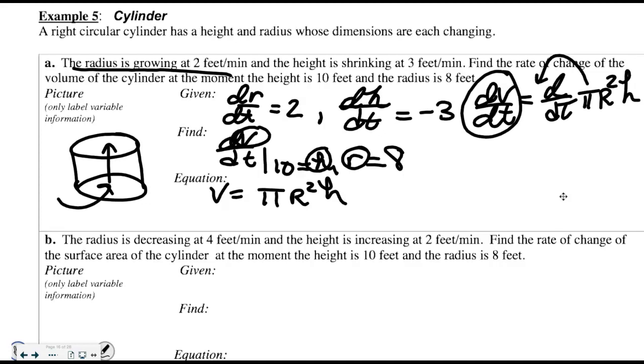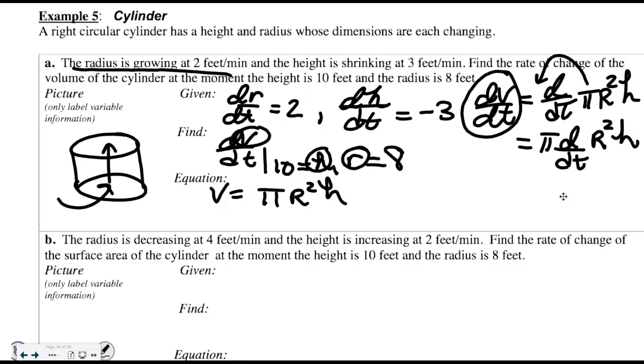Now it's really important for you to notice, kids, that this is a product. And it's a product of functions. They're functions of time. It's not f of x and g of x, or f changing as x changes and g changing as x changes. It's actually r of t and h of t. But they're two functions, so I have to use my product rule.